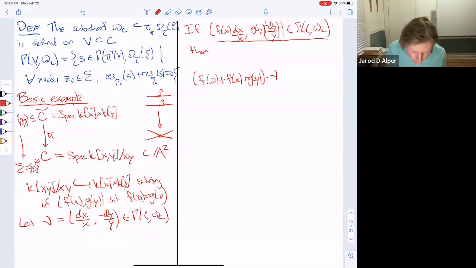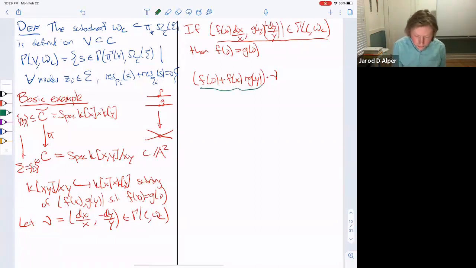So what that means is that f(0) equals g(0). This is exactly the condition that the functions f(x) and g(y) on the normalization descend to a function on the curve, and what it descends to is precisely this function here. So then this differential is these two being equal.